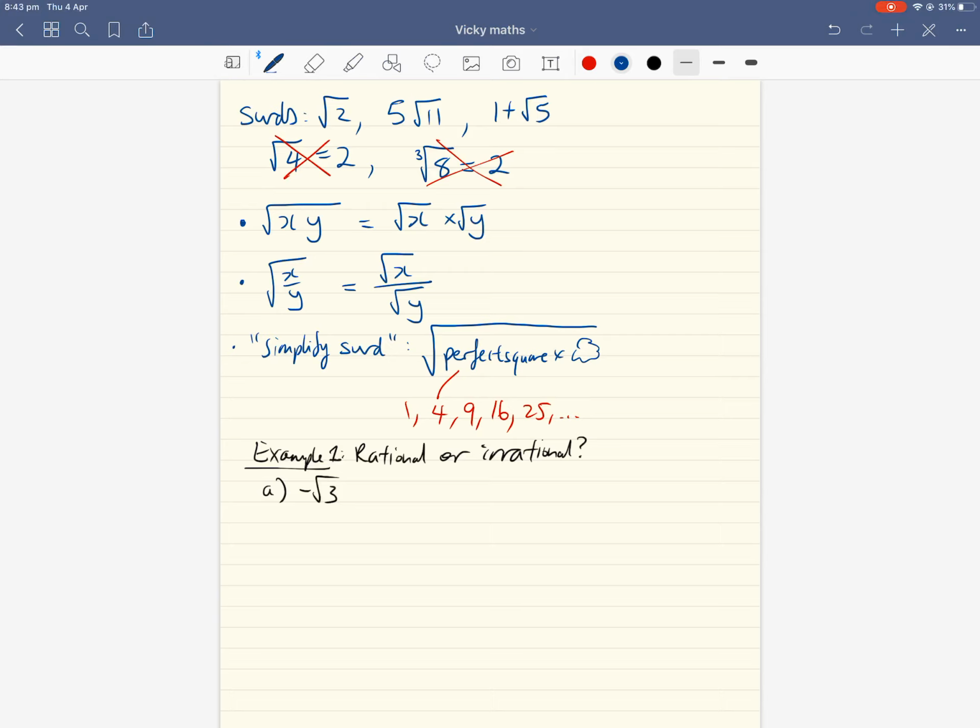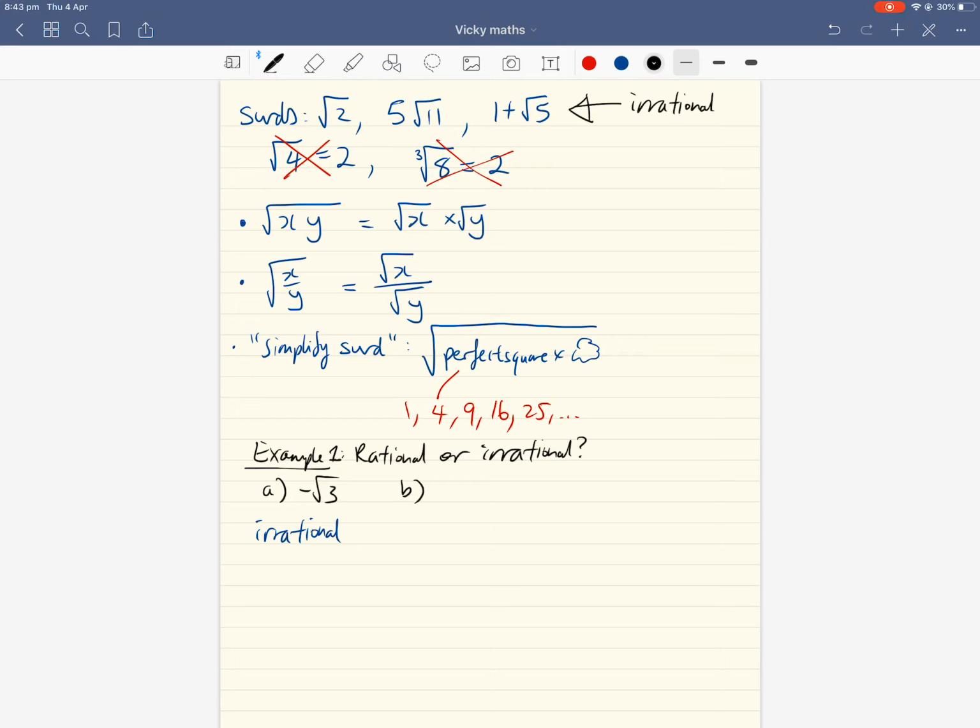No. Essentially, all surds are irrational numbers. Root 3 is a surd, so negative root 3 is irrational. Might make a note back here that all surds are irrational numbers.